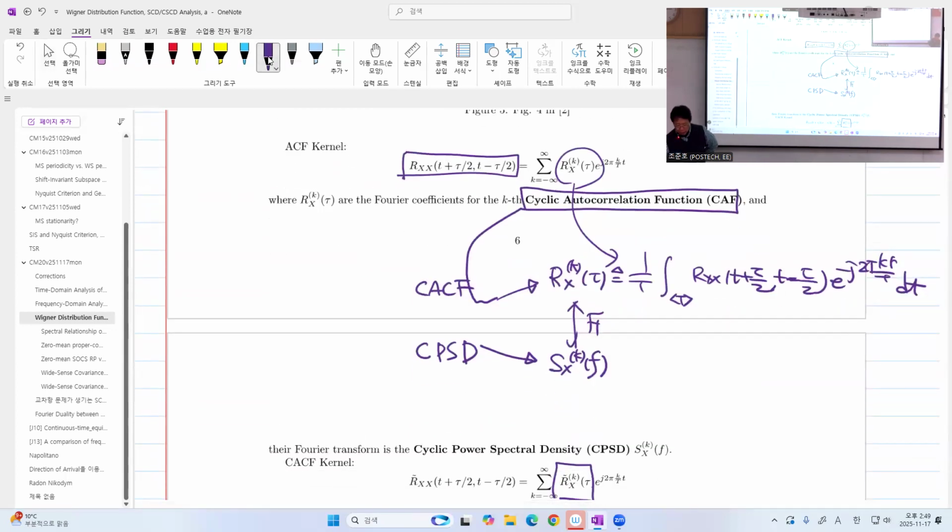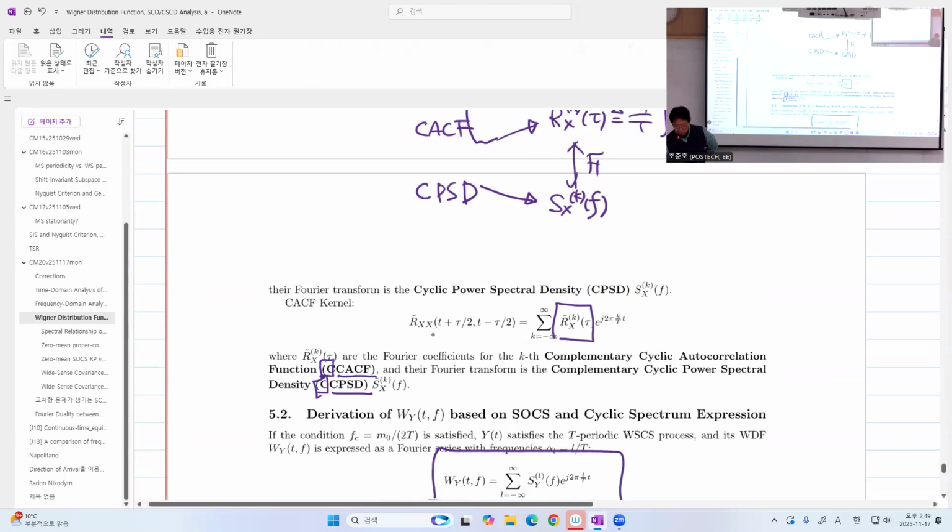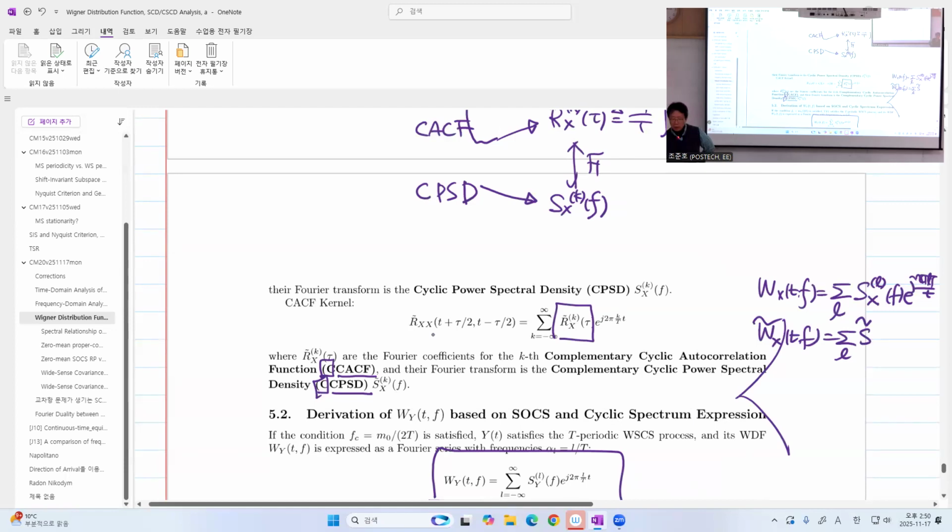So here we have W_x(t, f) equals sigma over L of S_x^L(f) e to the j 2 pi Lt over T. And we have the complementary cyclic power spectral density for the cycle frequency L over capital T, something like this. Ready? So this part is missing.